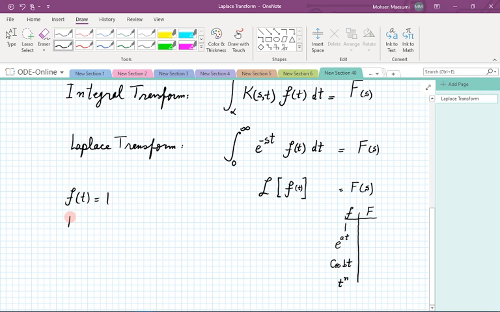What we want to do is to go ahead and calculate what F of s is going to be. So we're just going to apply our formula. What we are supposed to do is to integrate from 0 to infinity of exponential of minus st times the function, which is just 1, dt, and find out what this integral is going to be.